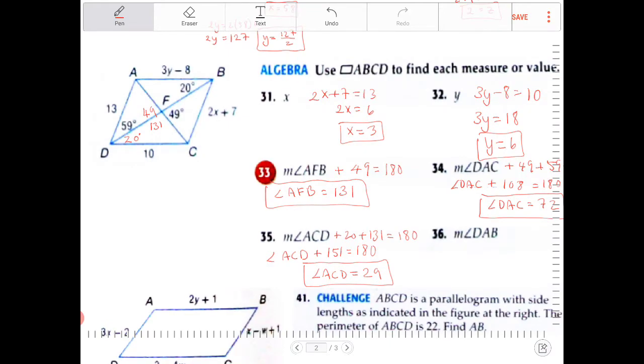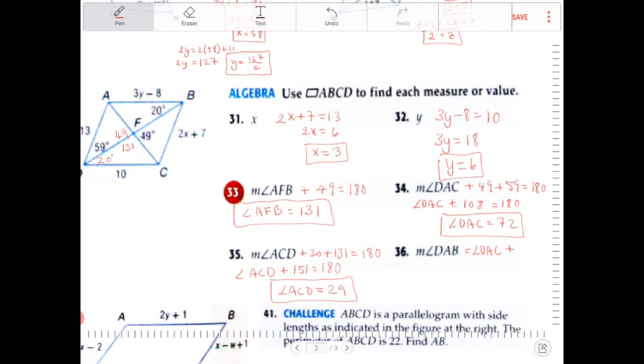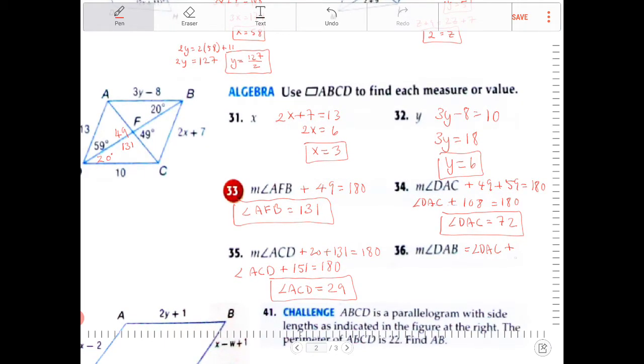And then lastly, we're looking for angle DAB. So DAB is going to be the sum of angle DAC plus angle BAC.